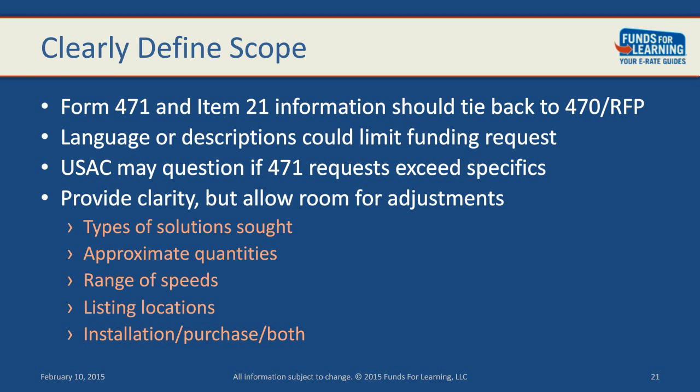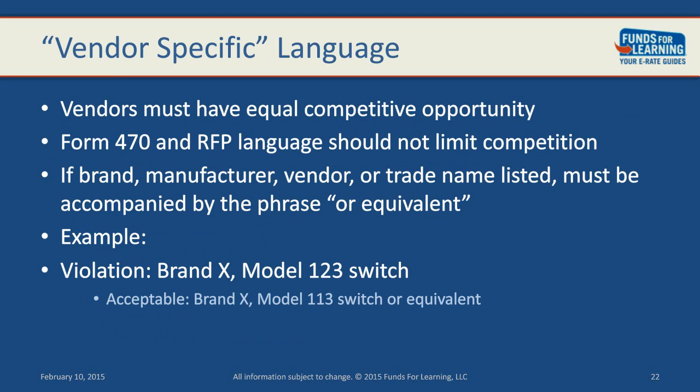Now, I mentioned a little bit about the vendor-specific language, and this is a question that comes up quite a bit with schools and libraries. Again, they may have some familiarity perhaps with a particular manufacturer, or an installed base of equipment that they're interested in continuing to use, and things that will just plug into that. And the FCC certainly recognizes that those factors are there.